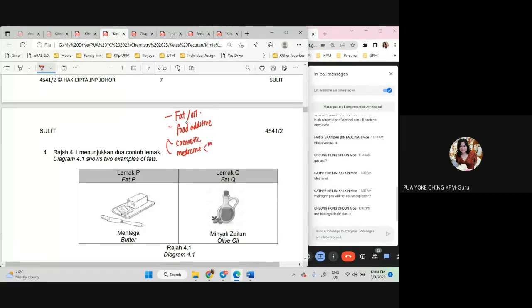Modern and traditional. Ni je. The last one. Soap and detergent. Fat, oil, food additive, cosmetic, medicine, saya rasa tak ada masalah sangat sebab dia lebih kepada membaca, menghafal apa contoh, apa kegunaan dia, apa kesan sampingan dia.